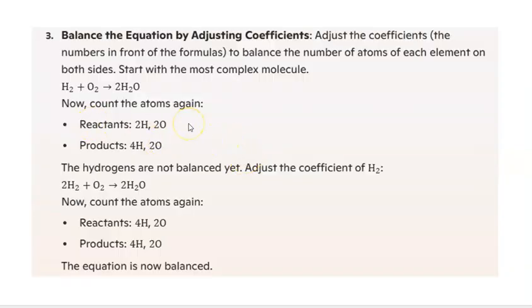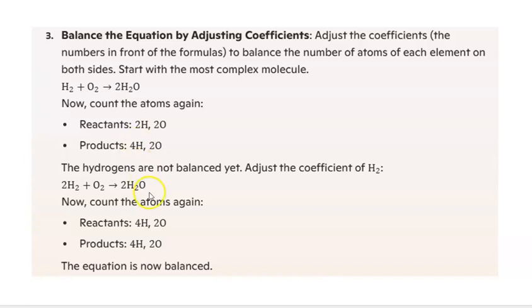Second step, I'm going to balance by adding a 2 in front of the water molecule. Now I have 2 hydrogen and 2 oxygen in the reactants and 4 hydrogen and 2 oxygen in the products. Now hydrogen is not balanced. What can we do then?